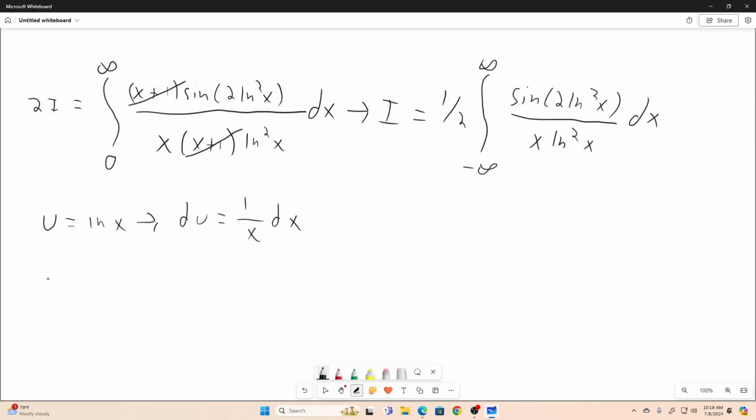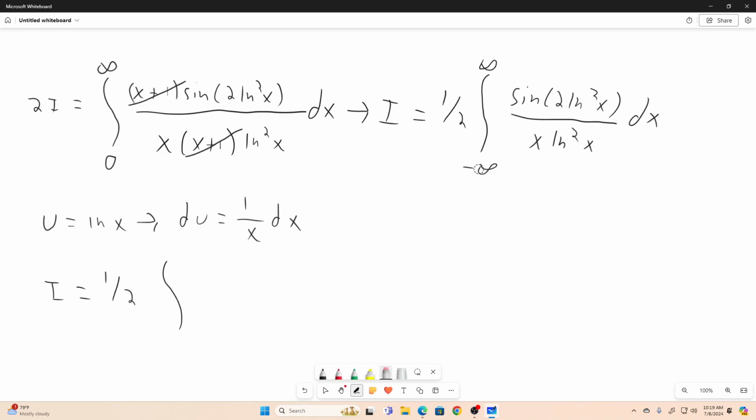So this means that our integral is now 1/2 the integral from, I'm sorry, this is not a negative infinity. I don't know why I did that. That's a 0.